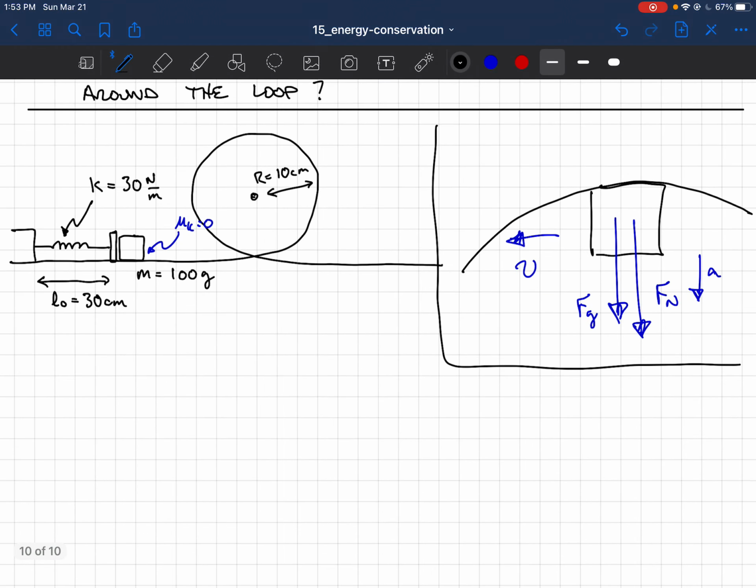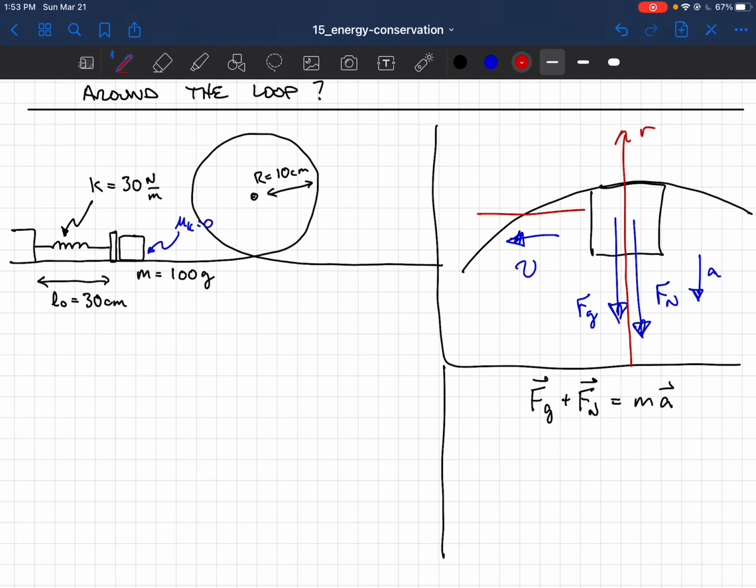Well, let's do that problem very quickly. That is a Newton's second law problem with circular motion. So Fg plus Fn is equal to ma, Newton's second law. We choose our special axis for circular motion problems, the radial axis, and we write it down in terms of the radial axis. So Fgr plus Fnr is equal to m ar. We find those components.